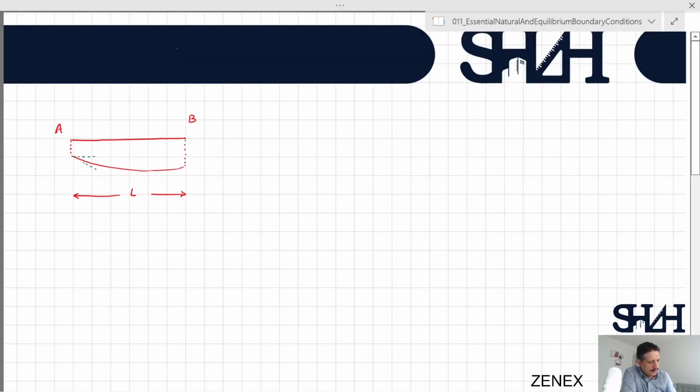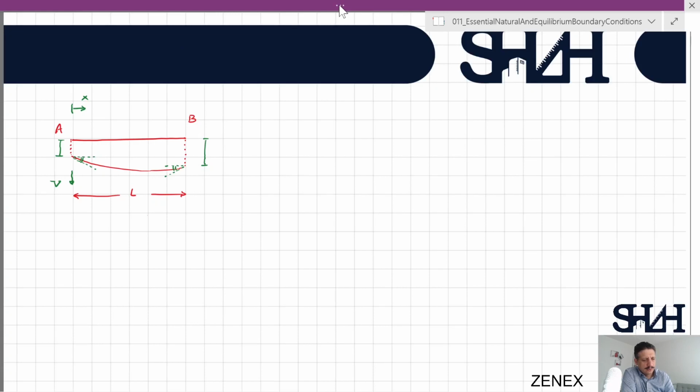At point A, we have the rotation at point A. At point B, we have rotation at point B. It can be 0, it can be something else. At point A, we have deformation at point A, and at point B also we have deformation at point B. Let's assume from left to right the orientation, and downward V representing the deformation at each point.